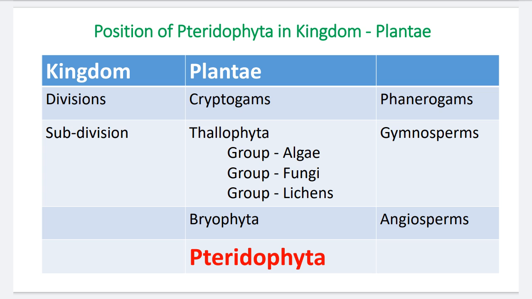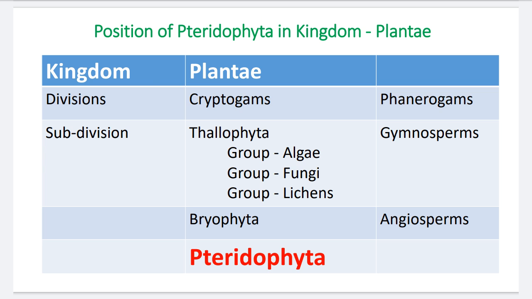And there is another plant group, that is the Bryophyta. One thing is very clear from this classification: pteridophytes are advanced than Thallophyta, means advanced than algae, fungi, lichens, as well as advanced than Bryophyta. But they are primitive than the phanerogams, primitive than the gymnosperms as well as the angiosperms.